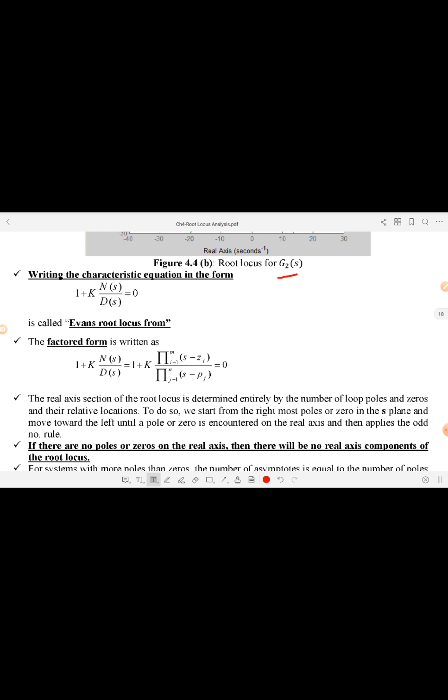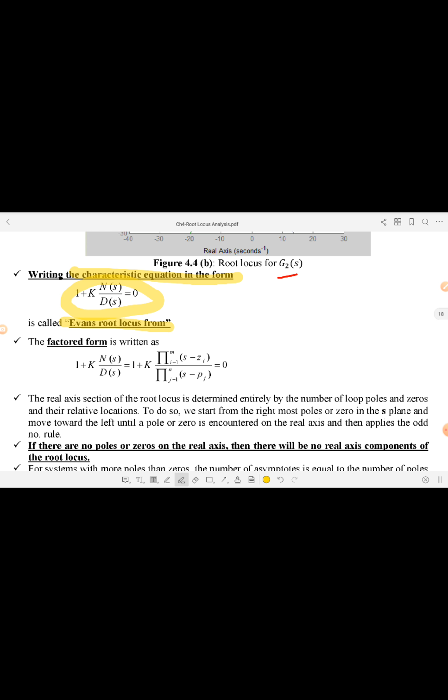After that, we jump to the next comment, which is related to writing the characteristic equation in this format: 1 plus K N over D is equal to 0. It's called the Evans root locus form.